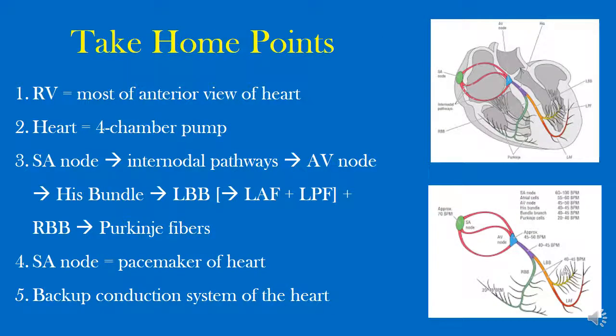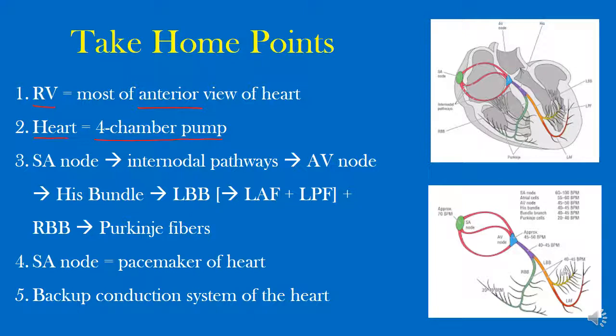All right, before we end, let's conclude by reviewing a few key points that we discussed in this lecture. First, we discussed that the right ventricle makes up the most anterior portion of the heart. Second, we said that the heart can be considered a 4-chamber pump. It consists of the 2 atria and the 2 ventricles that circulate blood through a closed system. The atria empty their blood into their corresponding ventricles.